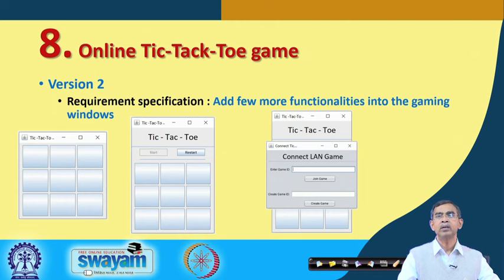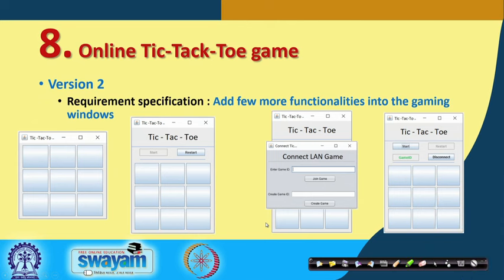Now, that game ID will be available to all the users who are connected in the net, and then they can select with whom they want to play. Once the game is created, there will be a join option, so that a user can join the game, and once the game ID is created, it will appear as the game ID that has been created.